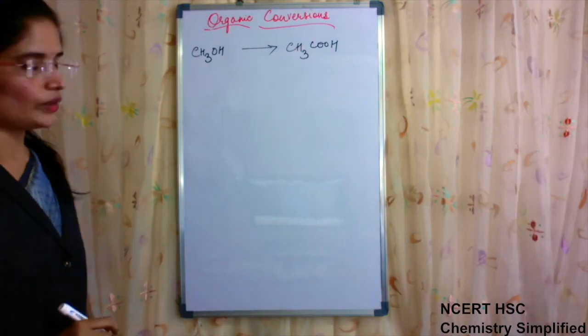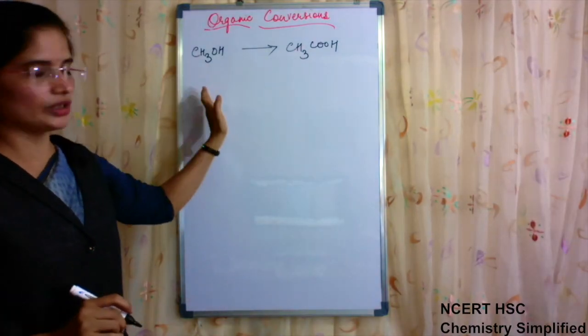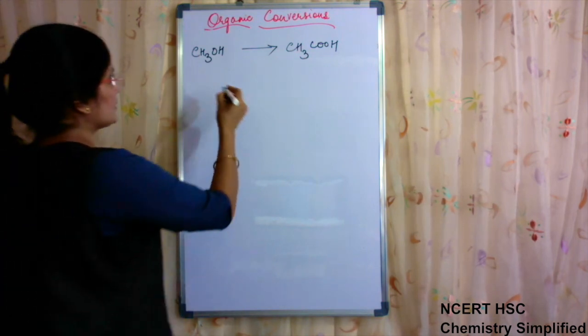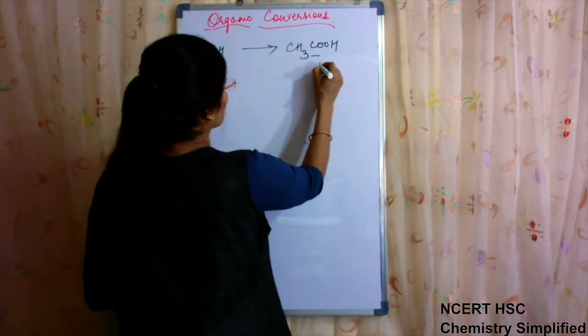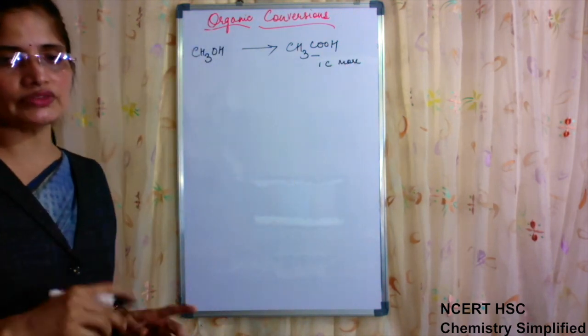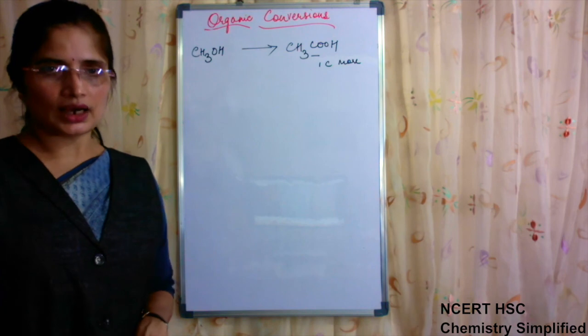CH3COOH. Now in this question, methanol to ethanoic acid, we have to first see that the product is having one carbon more. So we have to look for the ways by which we can increase the number of carbon atoms.